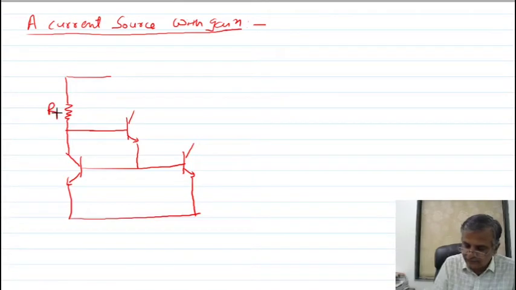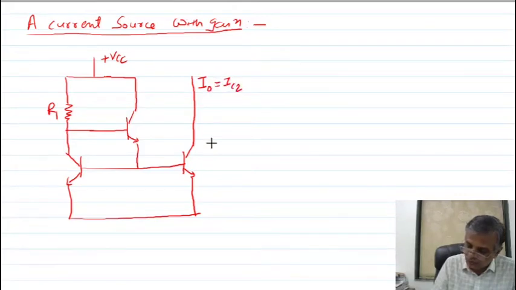This is R1. This is the supply voltage. This is IO, which I am writing as IC2 because here I am writing Q2. This is your Q3.